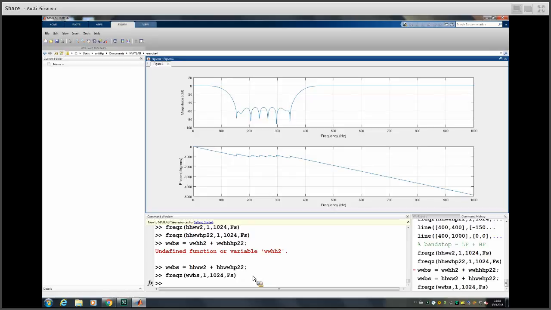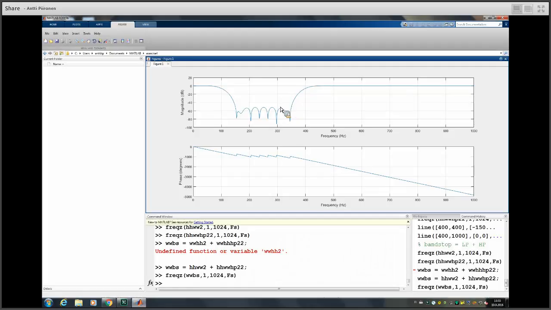So previously we had 60 dB stop band attenuation. This goes to something like 50 some dB because we are adding terms. So we are adding fundamentally the outputs of two filters with phase. Okay.